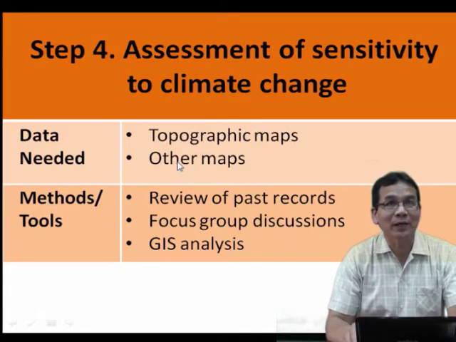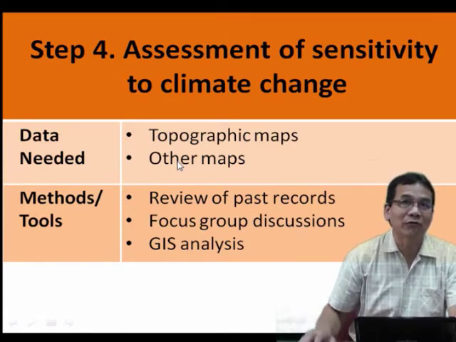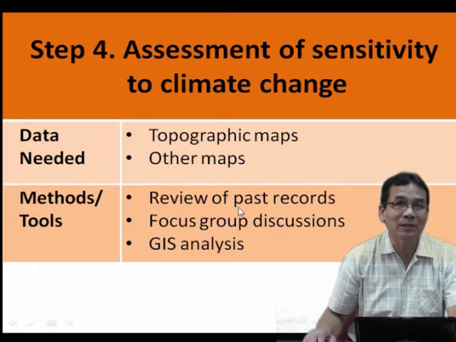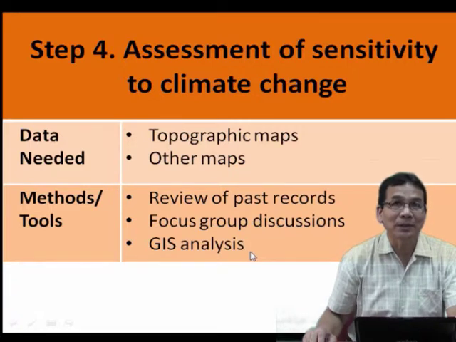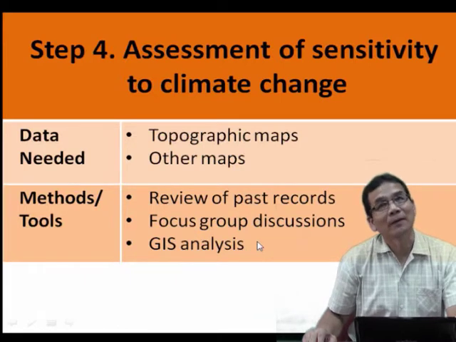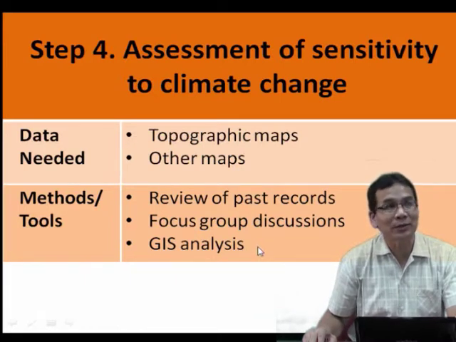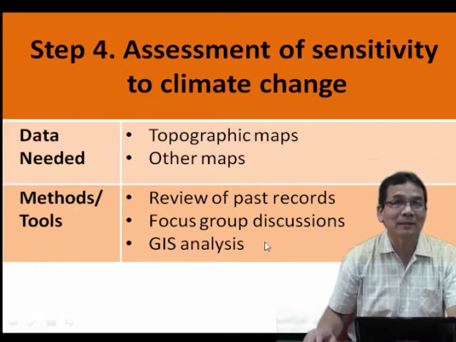The methods that we can use for generating this information include the review of past records or related documents, focus group discussions, and GIS analysis will be very useful in this particular step, as we will determine the people in the places that will be sensitive based on certain parameters, such as their location and also the type of systems that are involved.